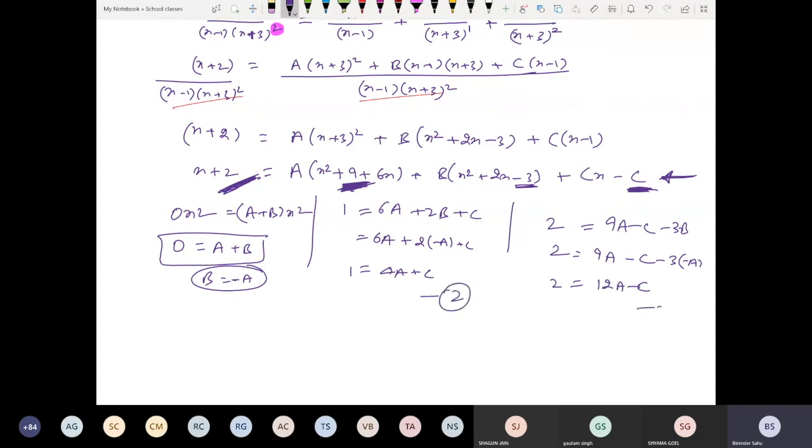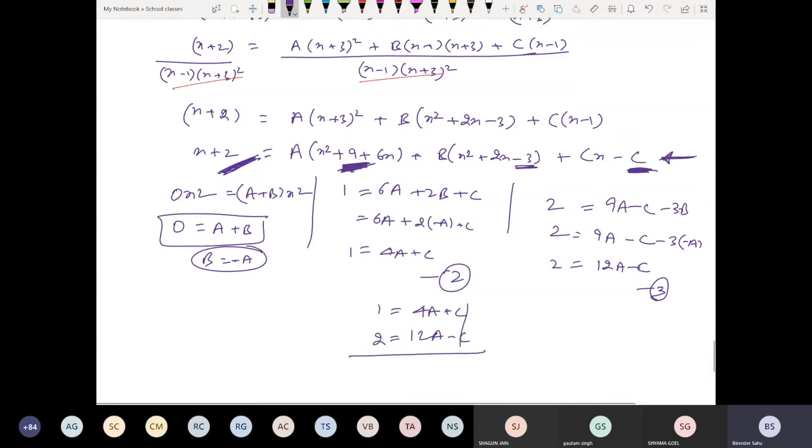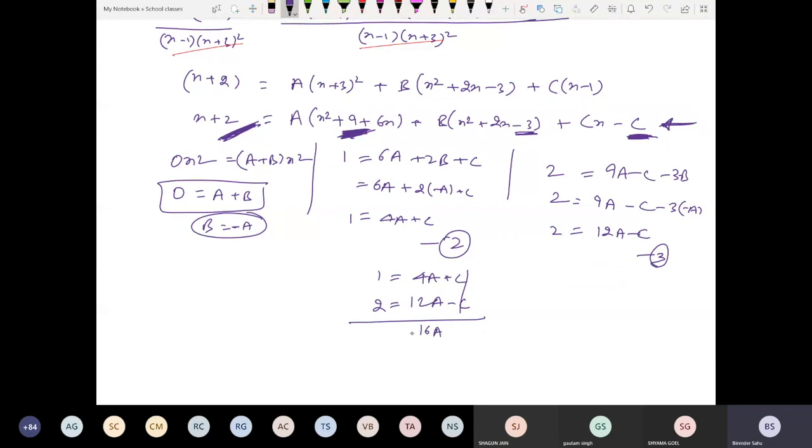We can solve these two simultaneously. 4a plus 12a, minus c cancelled, this is 1 and this is 2, so 16a equals 3. a is 3 by 16.